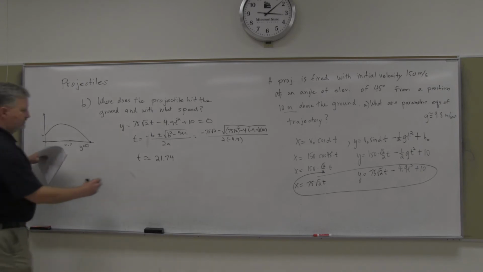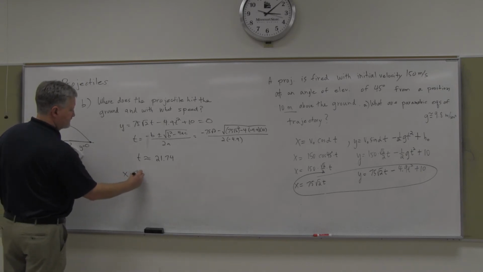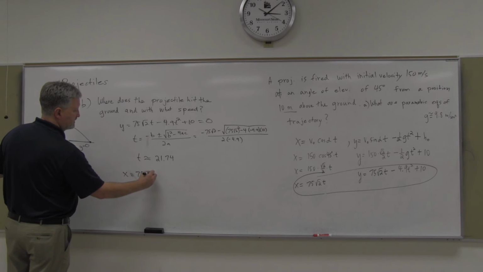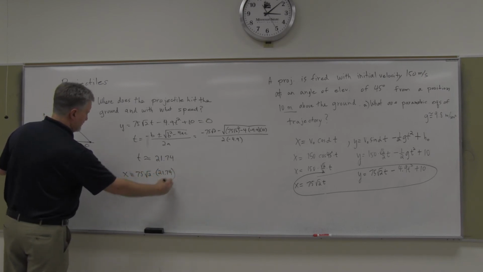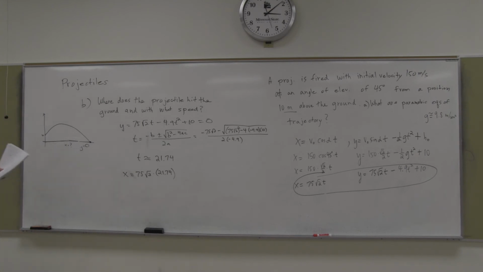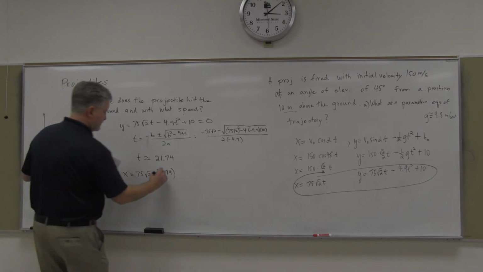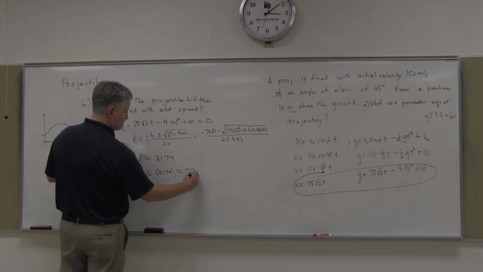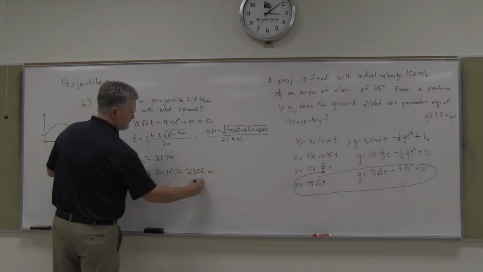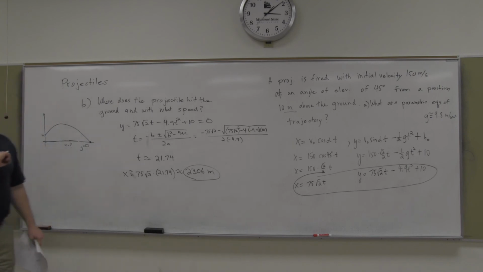So the x value would be 75 square root of 2 times t, which we now found to be 21.74, and that gives me approximately 2,306 meters. So this allows us to figure out how far out it's going to go.